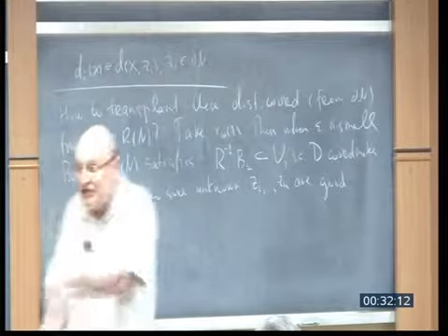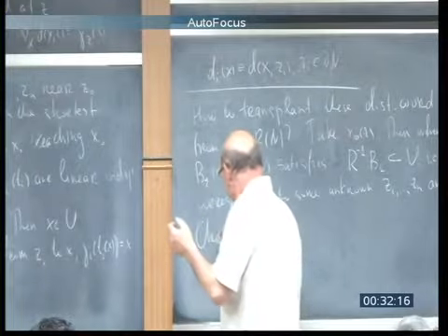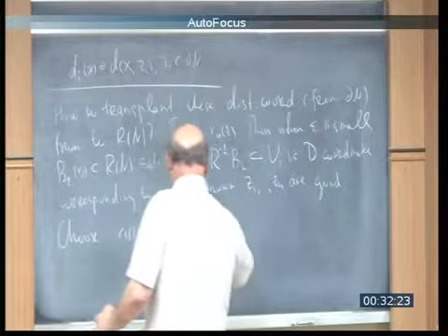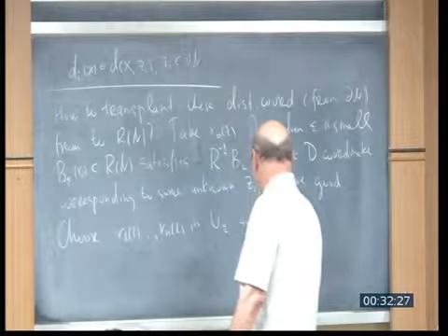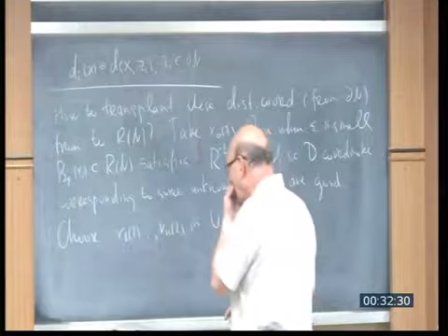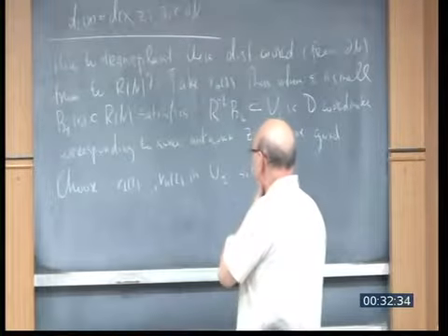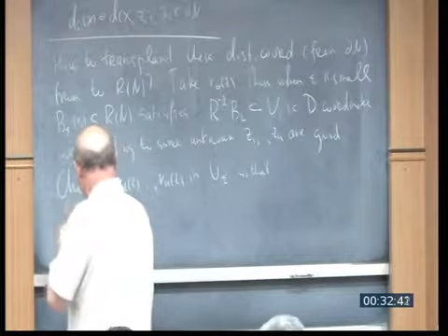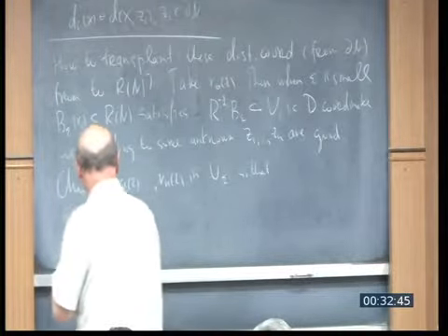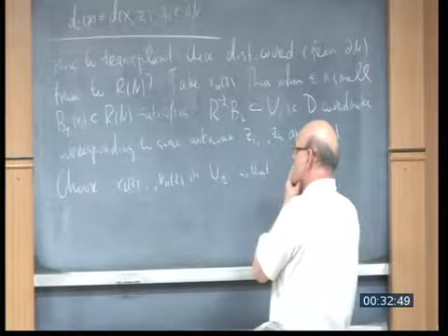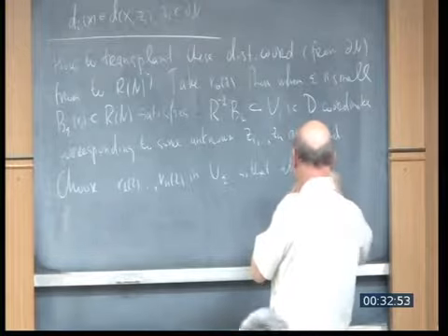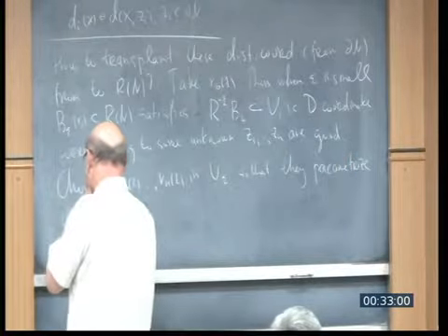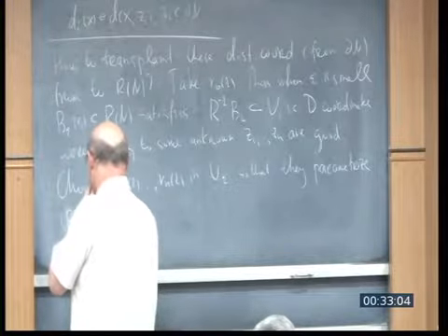How? We don't know that yet. We want to choose r1 of z, rn of z in this U epsilon, so that they parameterize this U epsilon, the B epsilon of r0.